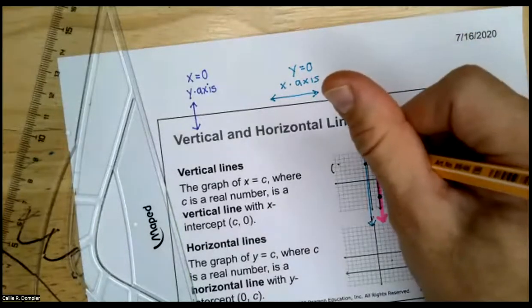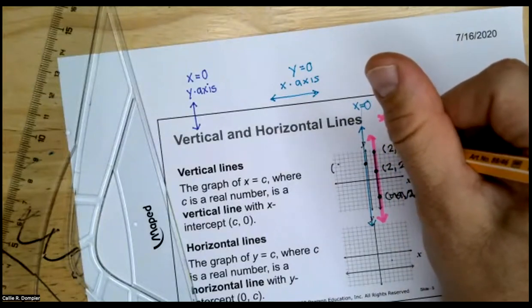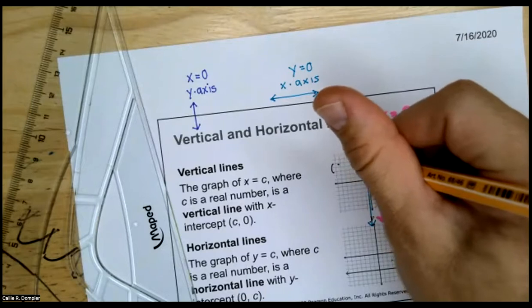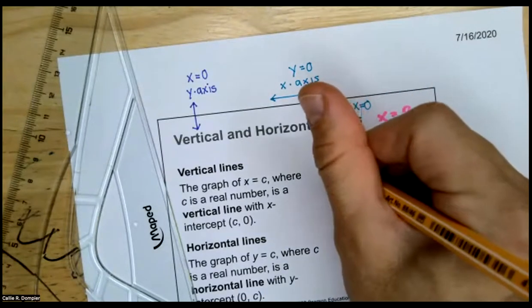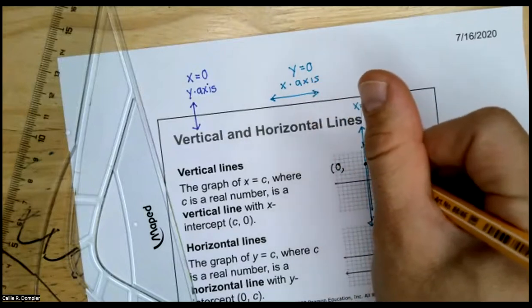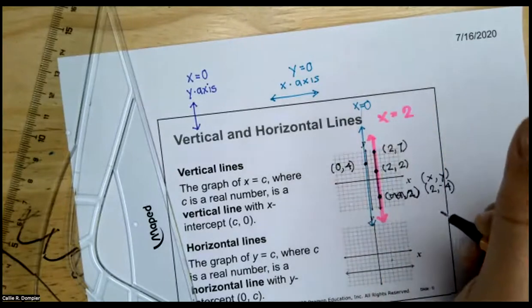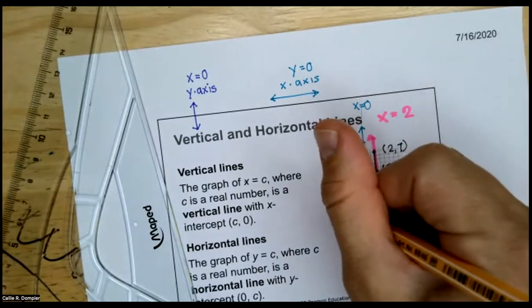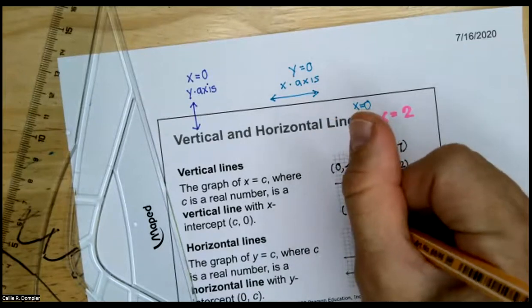Good. This one would be 2, I don't know, 7 maybe? So here we have the point 0, 4. Maybe here is 0, -6. Good.